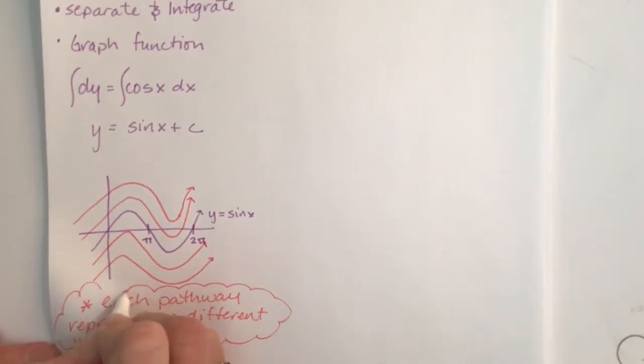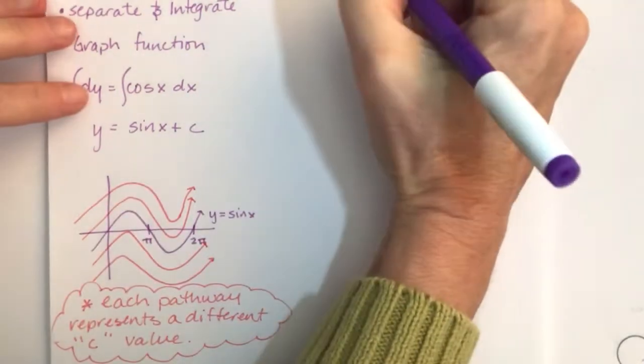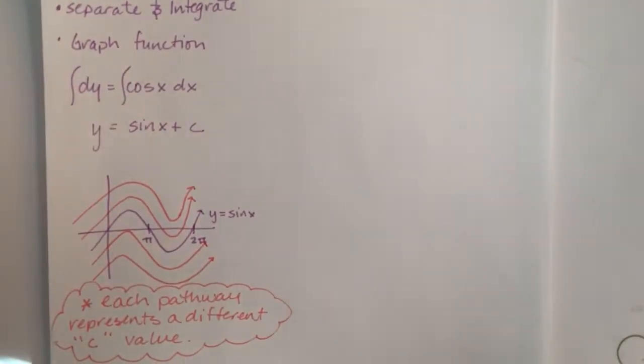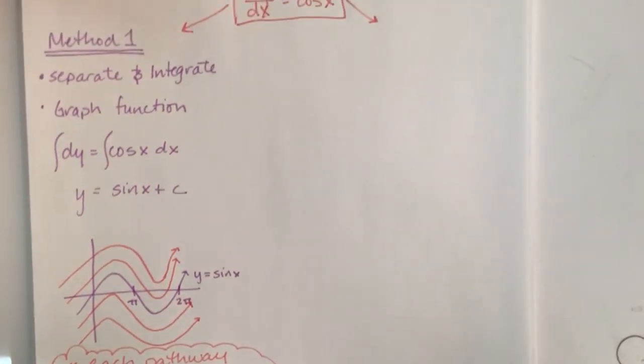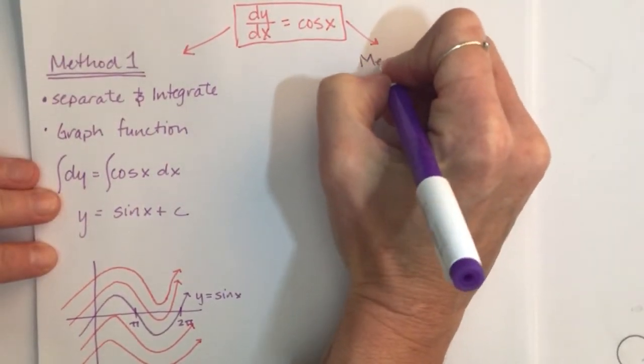So that's one way to graph a differential equation, is actually solving it and then graphing. The other way that we're going to do today is the slope field. Over here, we're going to do slope field, method 2.